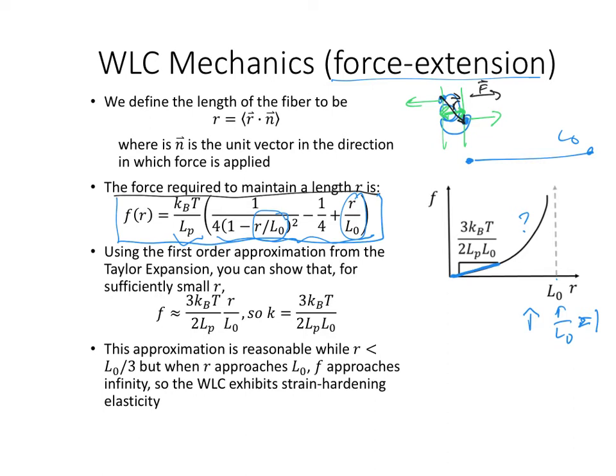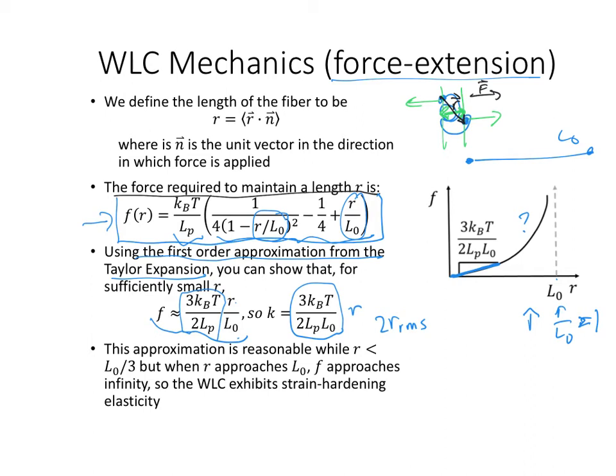So if we use a first-order Taylor approximation, or the first-order Taylor expansion of this, you can show that for sufficiently small r, the force is going to equal this prefactor here times r over L naught, which means the spring constant, the thing you would multiply by r, is this value 3 times the thermal energy divided by 2 LPL naught, which interestingly is twice r root mean squared, because that was the square root of 2 LPL naught.